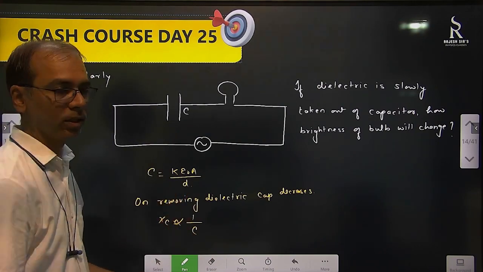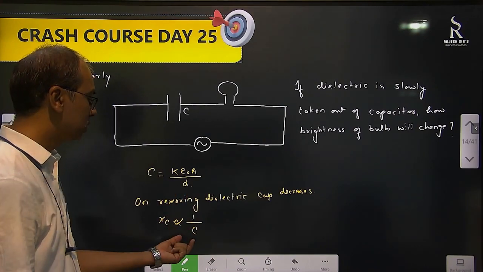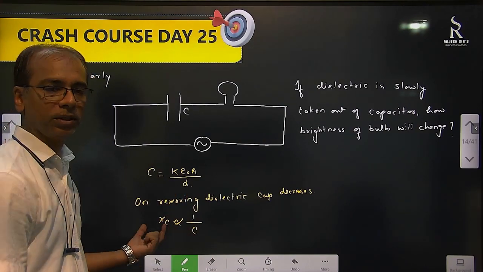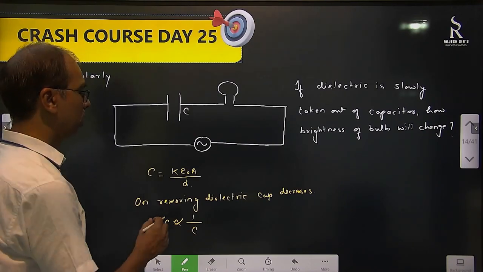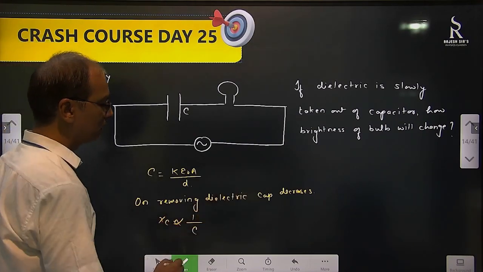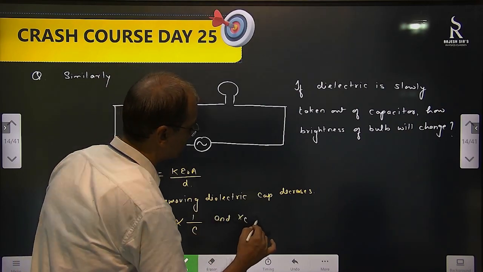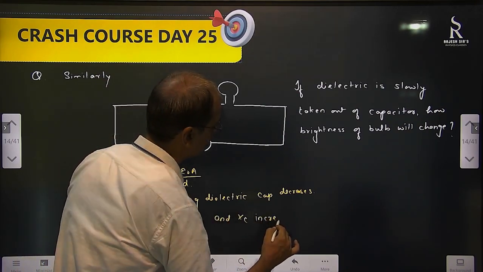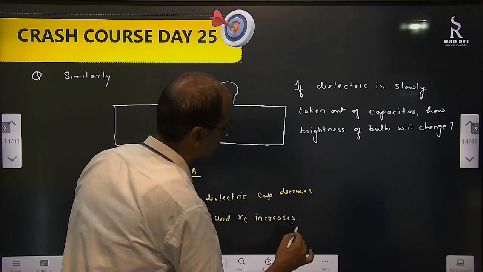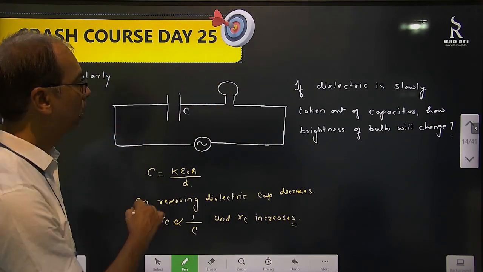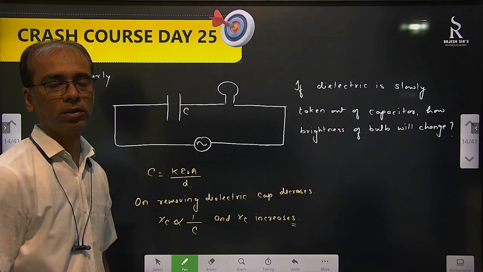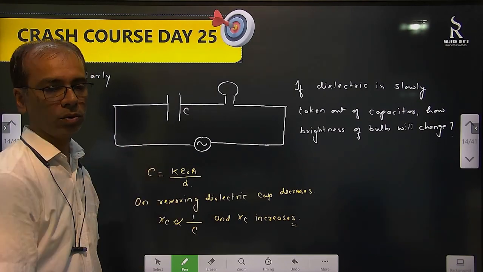XC is 1 by omega C. So if you decrease this C, XC is going to increase. On removing the dielectric, capacitance decreases and XC increases. Now if you increase XC, current will decrease. Current through the circuit decreases, so the brightness of the bulb is going to decrease.